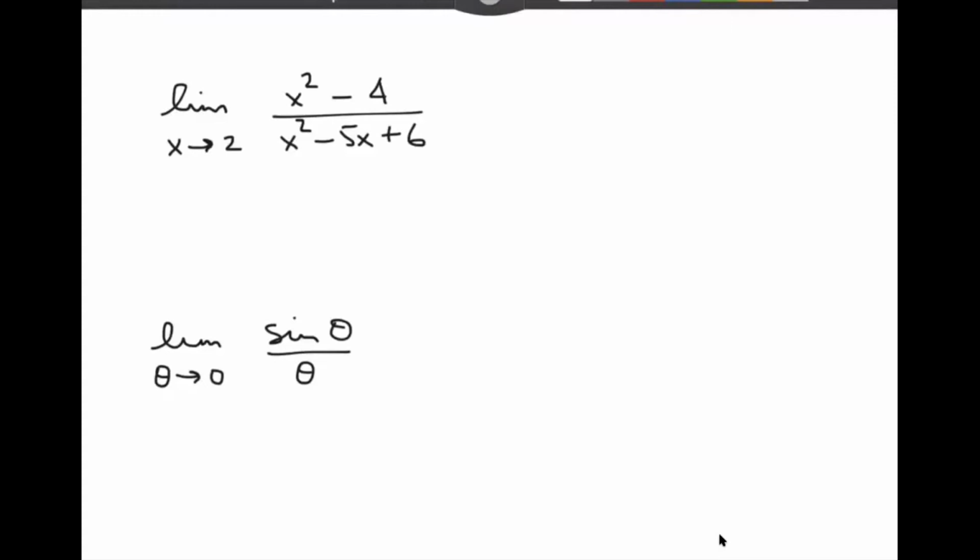So again, if I try to plug in 2, I get the form 0 over 0. So by L'Hopital's rule, and I don't know where I got into this habit, I usually put a little L'H when I am using L'Hopital's rule. You don't absolutely have to do that. I'm going to differentiate the top.